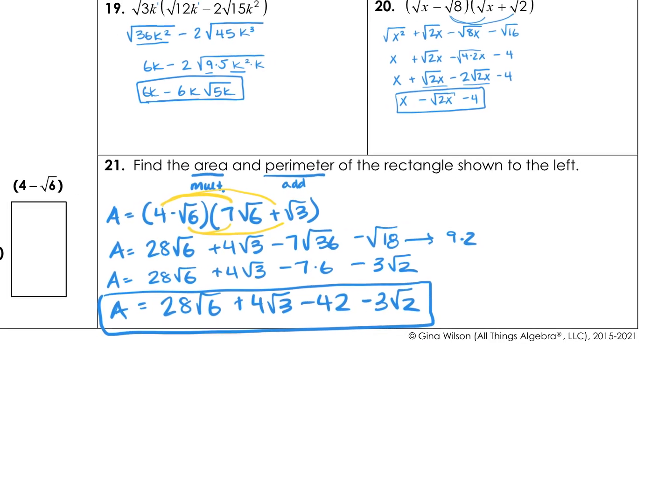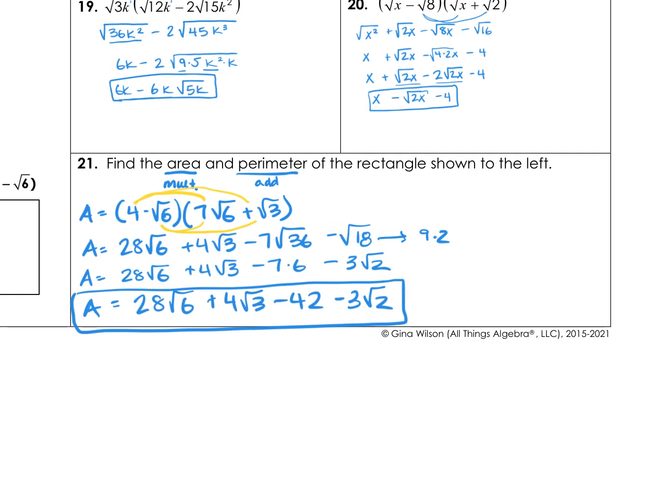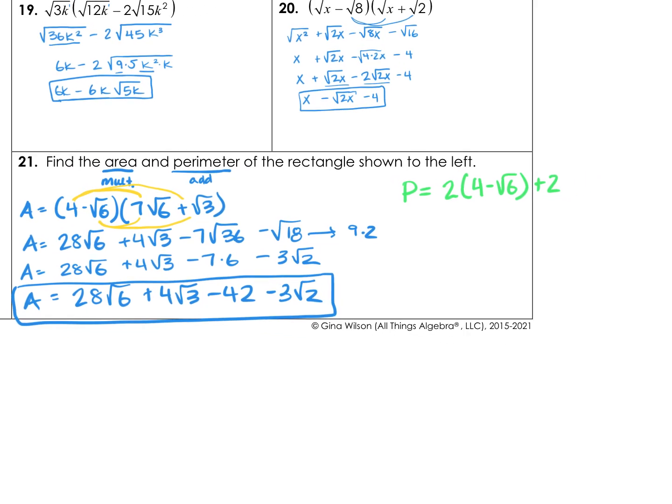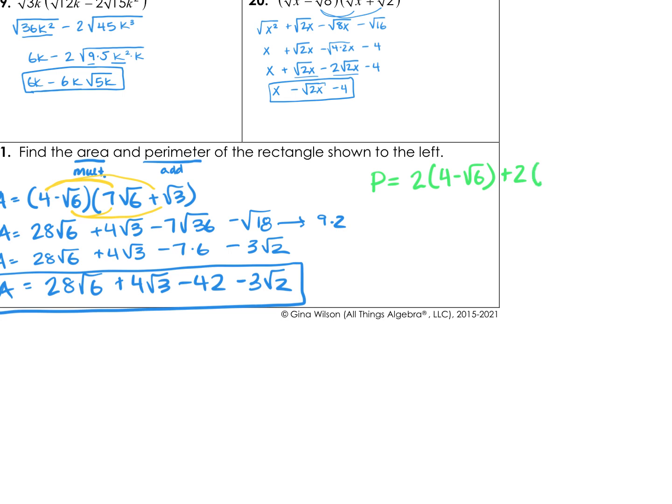Now to find the perimeter, remember that perimeter means we're going to add up all the sides. So that basically means that you have 2 of each one. So I have 2 times 4 minus the square root of 6 plus 2 times 7 root 6 plus the square root of 3.